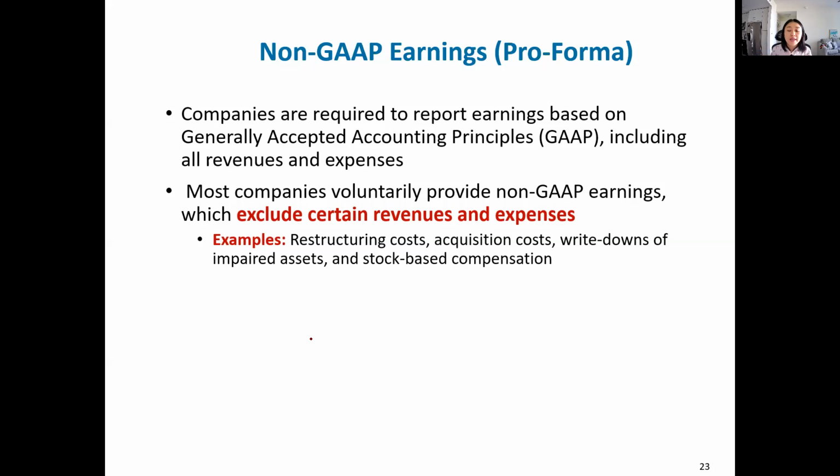Each company has a different way of calculating its own non-GAAP earnings. Examples are restructuring costs, acquisition costs, write-downs of impaired assets, and stock-based compensation.